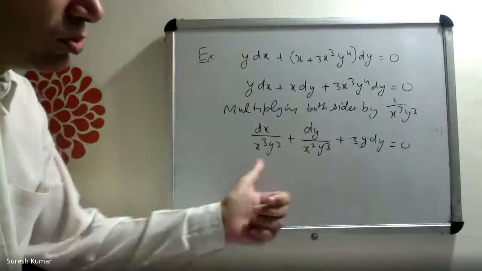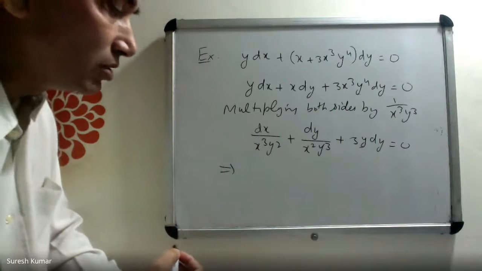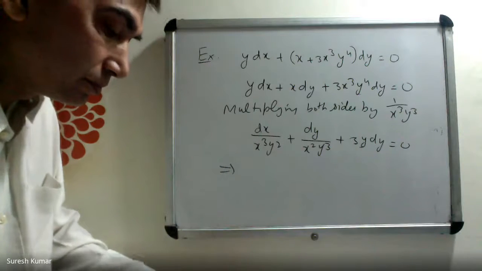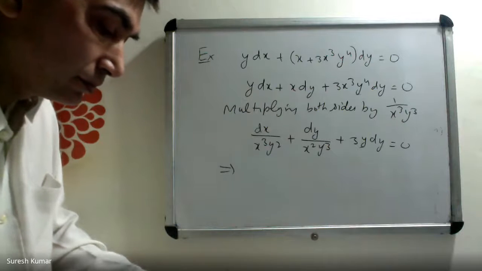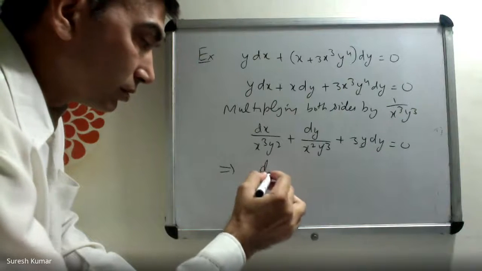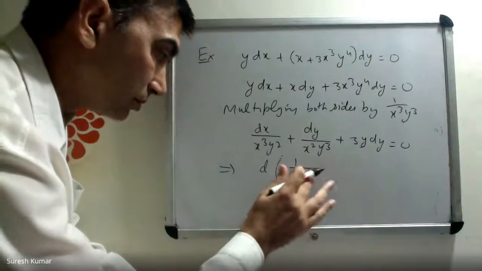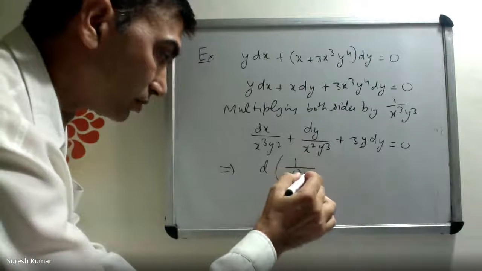What about these two terms? Can we combine these into an exact differential? What is the differential of 1 over x square y square?